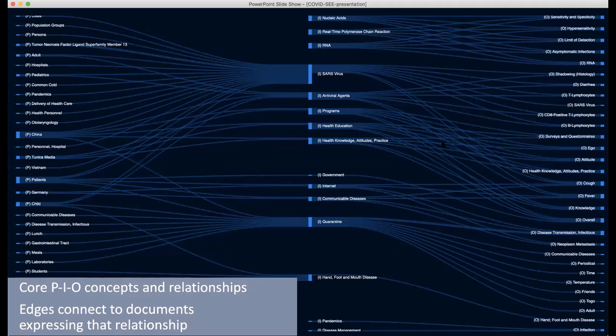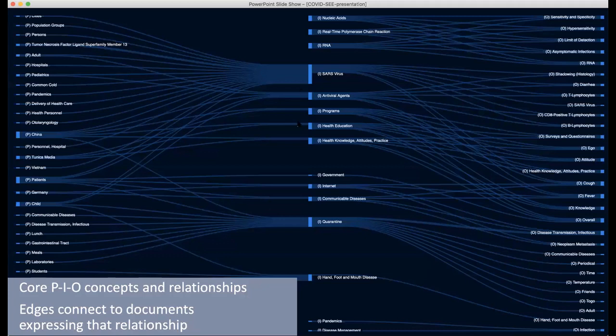And so if you look at this, you can very quickly see, aha, there's some connection between China and quarantine. And so that is maybe a link I want to examine further. And so if I click on that link right there, the papers that contain that relationship will pop up.